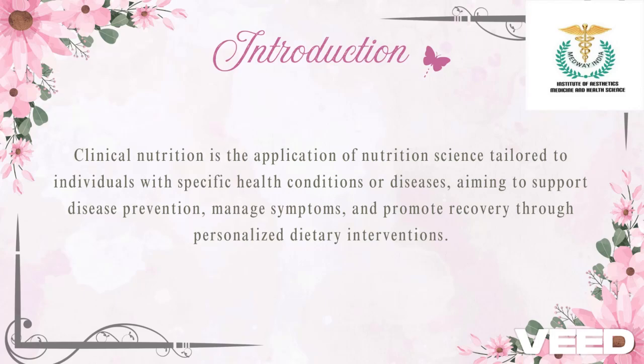But clinical nutrition is specifically tailored based on the disease condition. That helps us with disease prevention, managing the symptoms and promoting faster recovery, and that is a completely personalized dietary intervention.